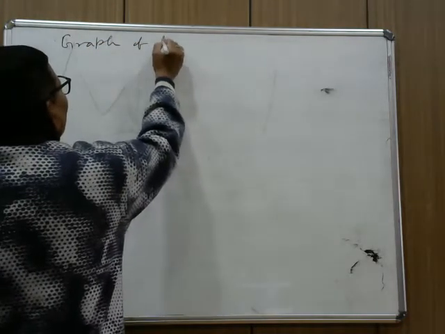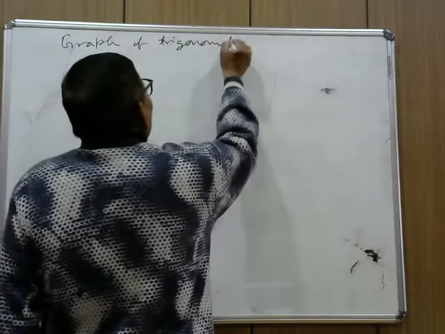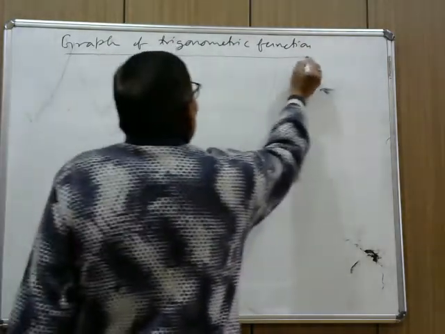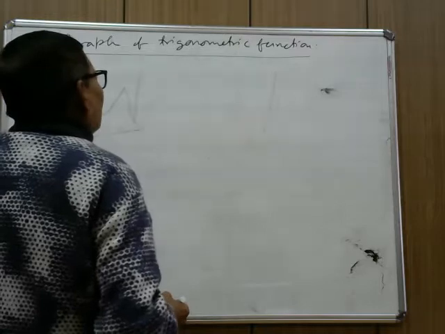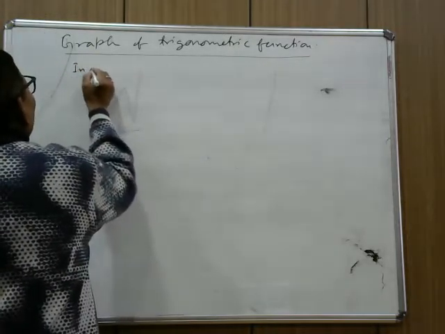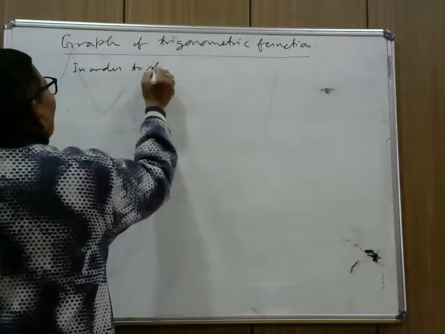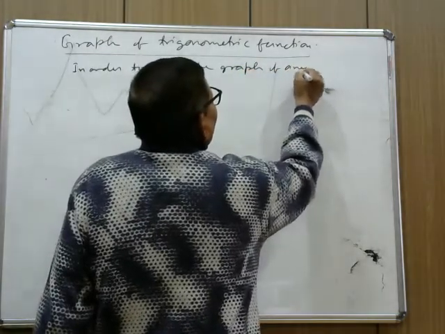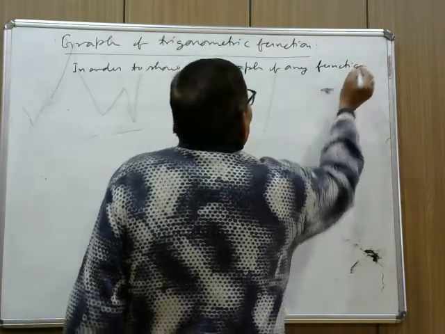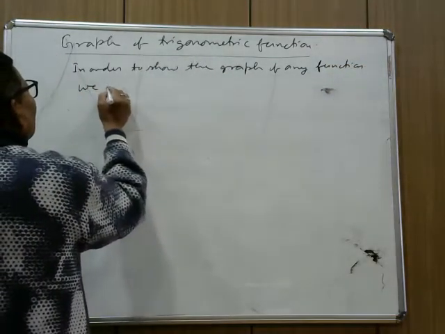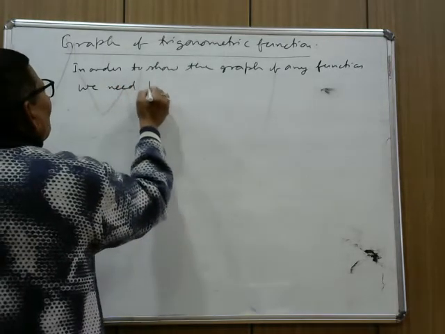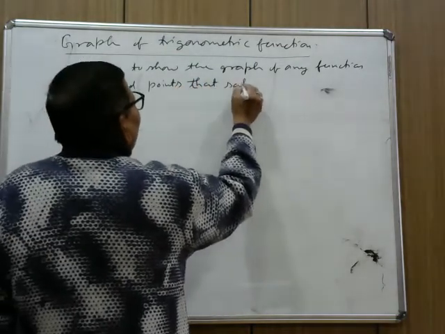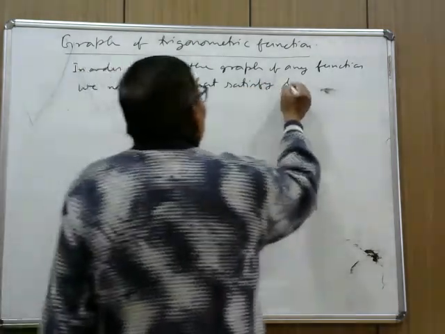Graph of trigonometric function. In order to show the graph of any function, we need points that satisfy the graph.